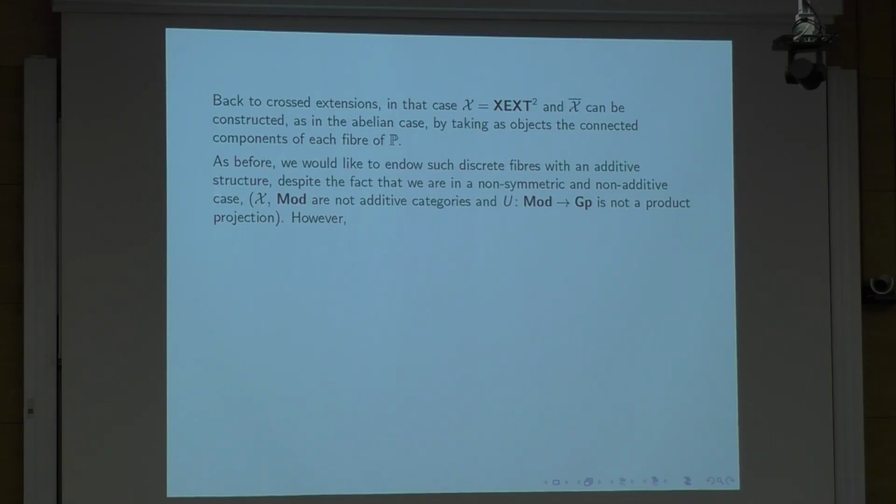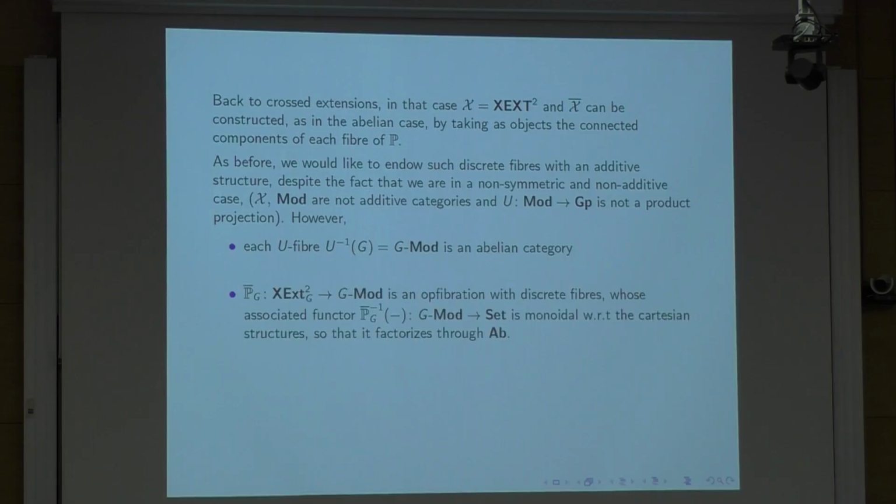However, something useful is again here. If we consider the U fibers with fixed G, we have the category of G-modules, which is an abelian category. And restricting our P to the fibers over G, so the crossed extensions with cokernel G and the category of G-modules, we have an opfibration with discrete fibers.